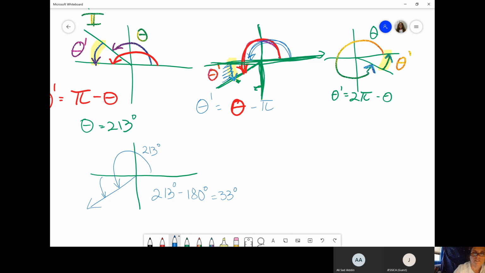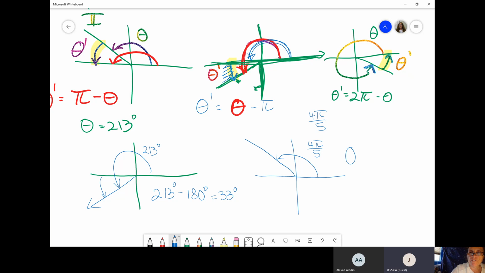What about a radian angle? Let's say 4 pi over 5. What is the reference angle? In which quadrant is this located? That's in quadrant 2. That is correct. So this angle here is 4 pi over 5.